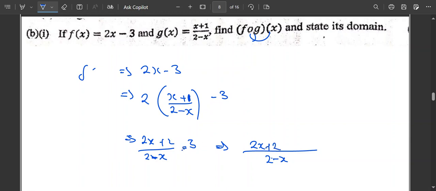Then here it's minus 3, so this minus will multiply times everything. So we have negative 3, open bracket, 2 minus x, which will give us 2x plus 2 minus 6, then minus minus, which will be just plus 3x. Remember there is 2 minus x there.